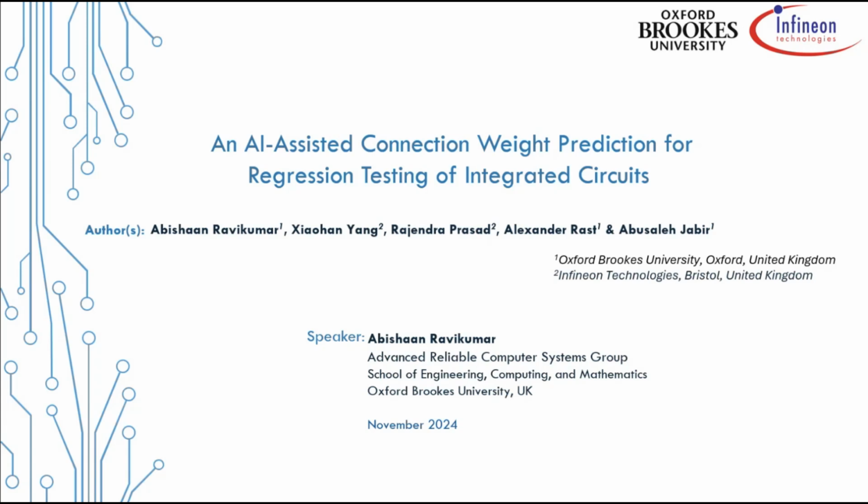He has a background in software engineering and quality engineering, has published research papers on AI-driven verification techniques, and continues to explore the intersection of AI and IC verification. This work contributes to advancing automated verification methods and reducing time to market for complex IC designs. He's located in the UK, as I say, Oxford Brookes University.